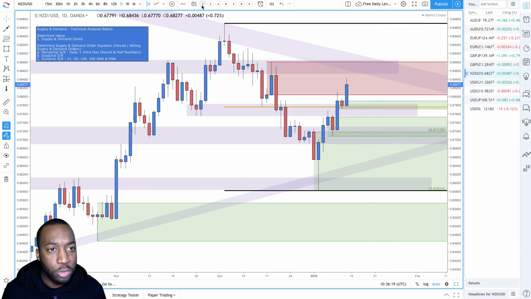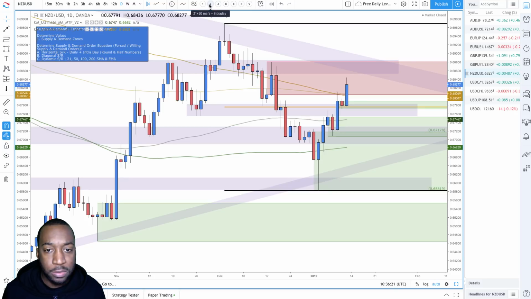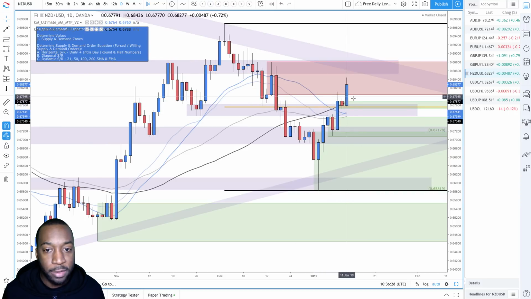Actually, let's look at some moving averages and see where they are. You've got the 200 way above, it's broken above that. So the 21 and the 50 are going to be around that area. From an intraday perspective, you may want to look to get long around this area if you're looking to buy the New Zealand dollar.